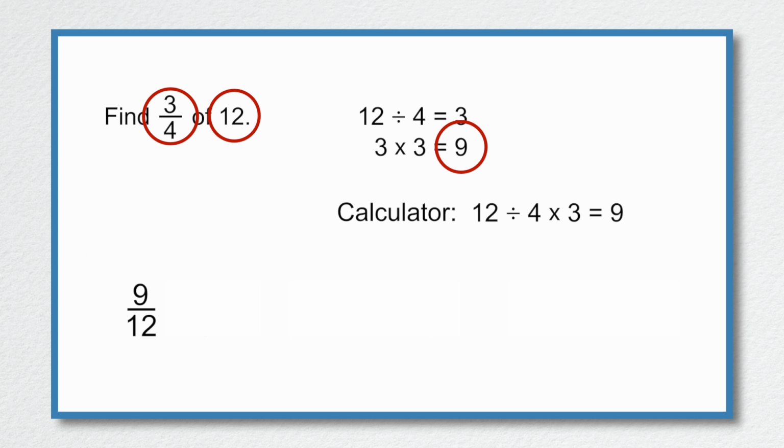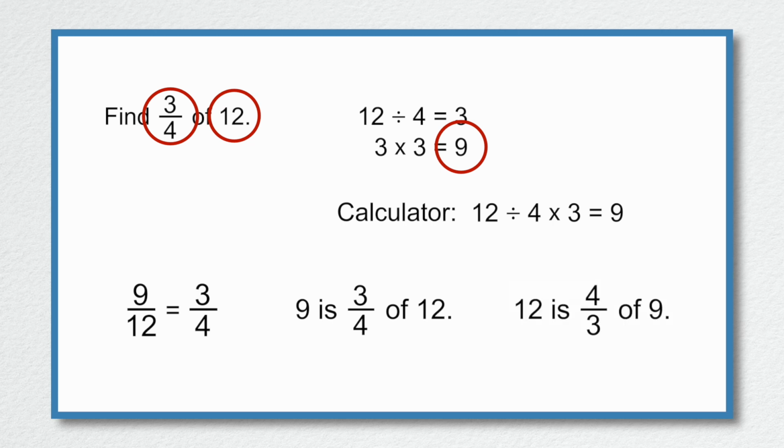And notice that this is an equivalent fraction to 3/4 if we were to divide top and bottom by 3. We can also say that 9 is 3/4 of 12, or we could say that 12 is 4/3 of 9. Notice that in the second statement we have the reciprocal of 3/4, which is 4/3.